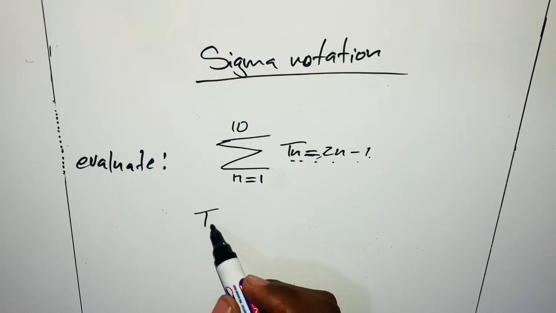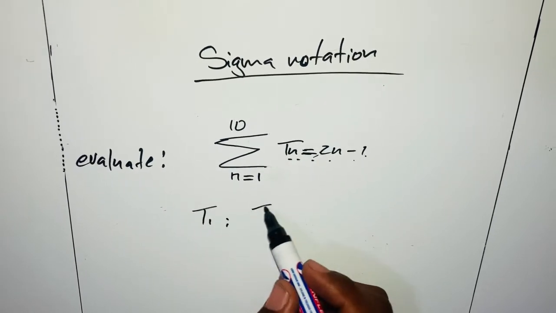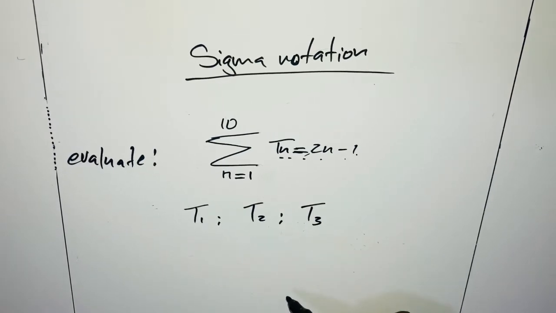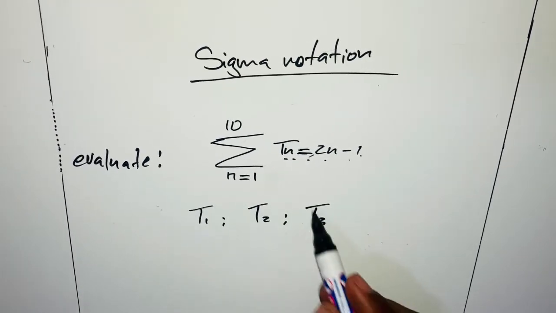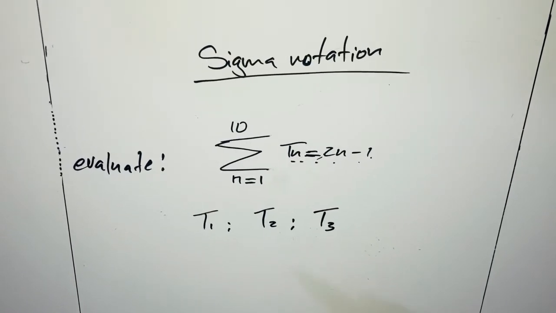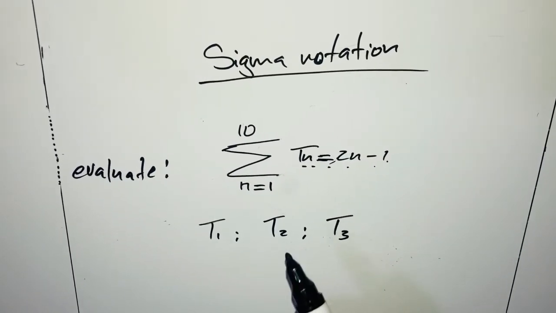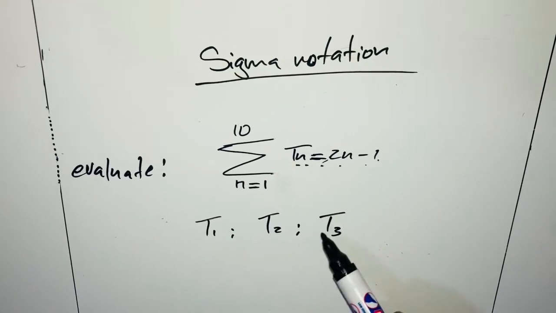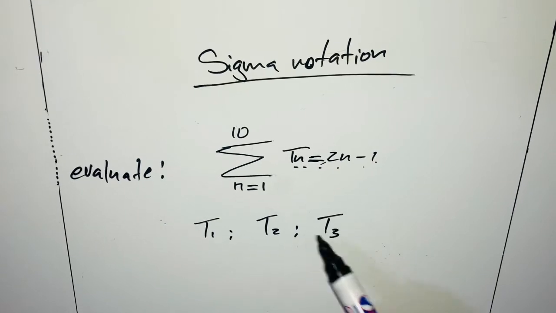You need to find the first three terms, which are your T1, T2, T3. The first three terms that you'll find are the ones to tell you whether we are dealing with an arithmetic sequence or a geometric sequence.